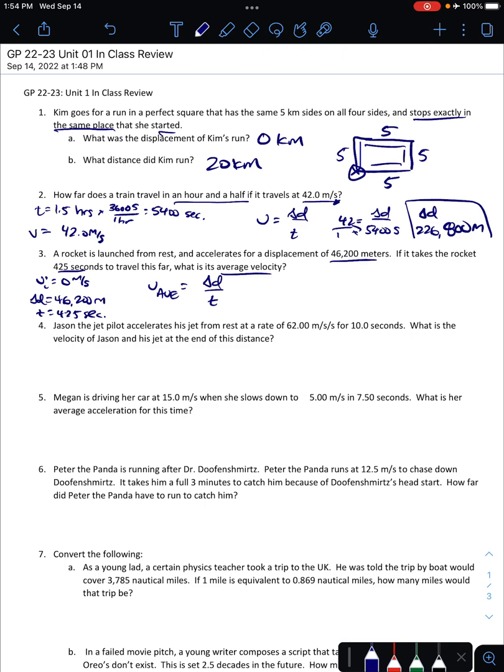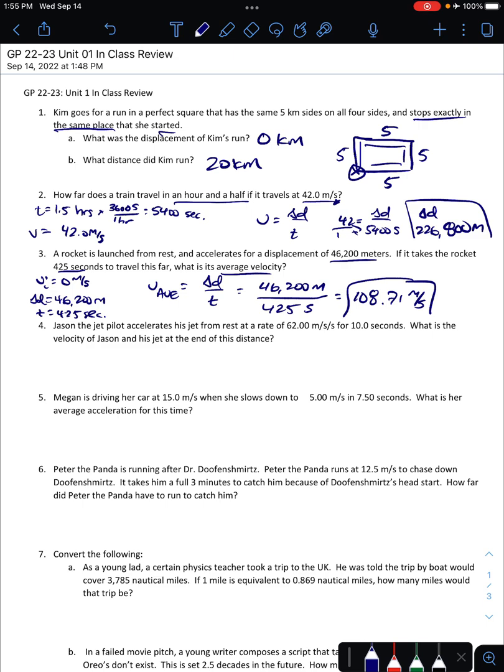So we know that it goes 46,200 meters, and it does that in 425 seconds. All right, so 46,200 divided by 425. What we end up seeing is that the average velocity is 108.71 meters per second.